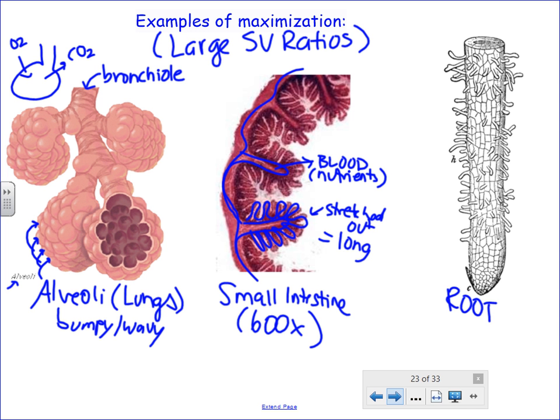So earlier Isaac mentioned the word capillaries. Around your alveoli and around all of the parts of your small intestine are little tiny blood vessels called capillaries, and they surround all of these little folds, making it easier for your body to absorb what's there.